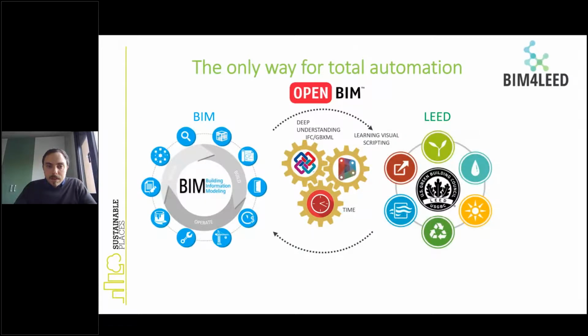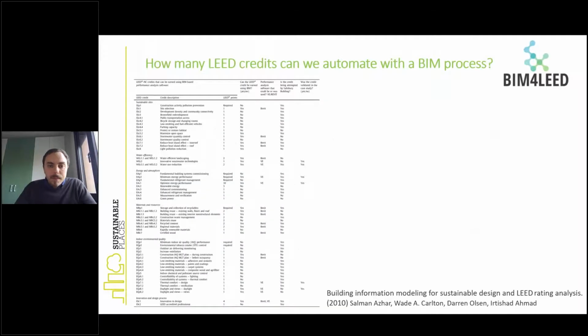So the way to total automation right now is to start from a BIM model and use IFC, Dynamo, or other visual scripting, using time to find a schema that helps us put all the BIM data in the other software and go back to the BIM model.